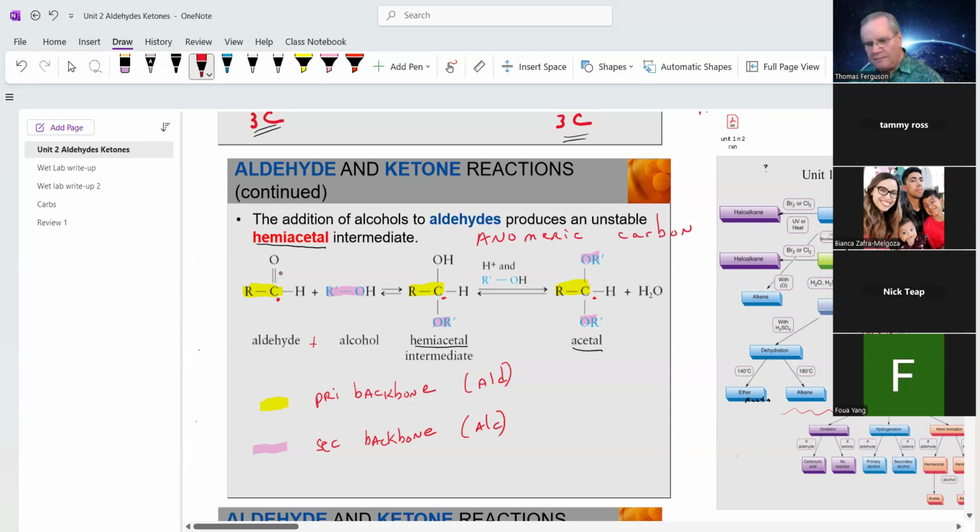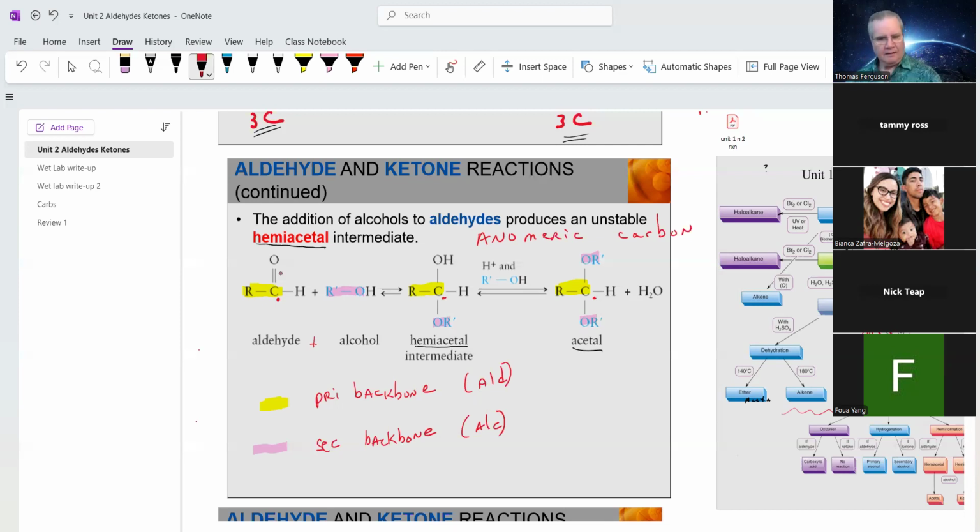Now, this anomeric carbon is going to come into play big time when we talk about carbohydrates. That is going to be the focal point of where carbohydrates attach to one another, and also where the reactions occur in carbohydrates is that anomeric carbon. So it's crucial you understand the concept of anomeric carbon, because it's a backbone of all the chemistry in carbohydrate chemistry and aldehyde ketones, this anomeric carbon.